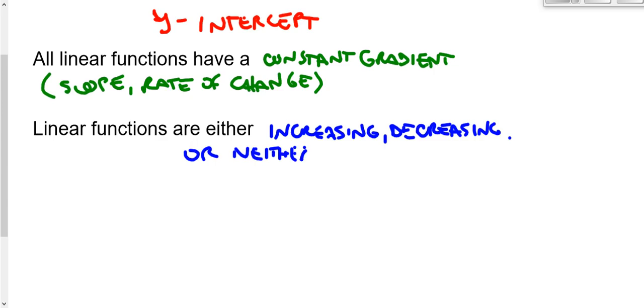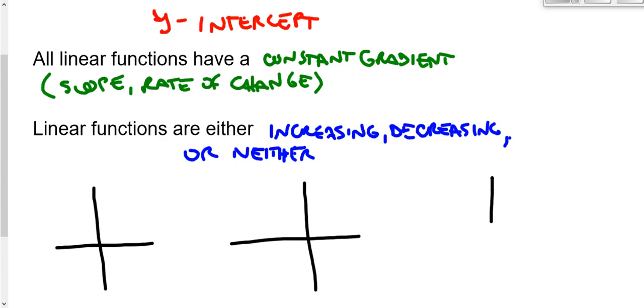And they're going to be one of these categories the entire time. So we're never going to have a function that changes from increasing to decreasing or from decreasing to increasing. If our linear function starts out increasing, it will continue to stay increasing the entire time. So I'm going to do some very quick sketches of what these look like, just because I know it can be confusing just to see the words without seeing a picture to identify it with.